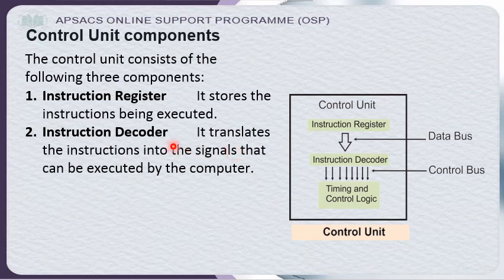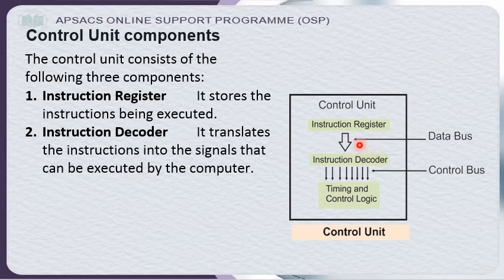Second one is the instruction decoder. The orders or control signals which are there are translated into instructions, into a signal that can be executed by the computer. You give an instruction such as move A. For the processor, move A is not understandable.